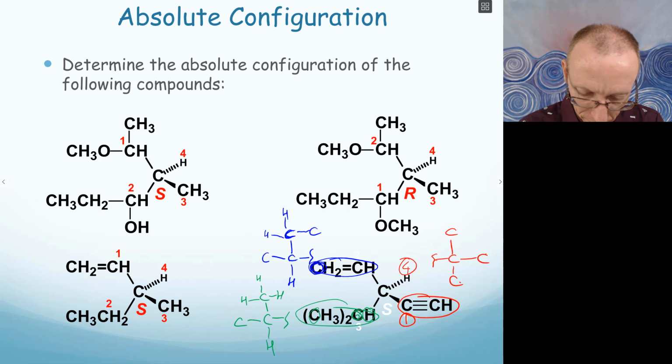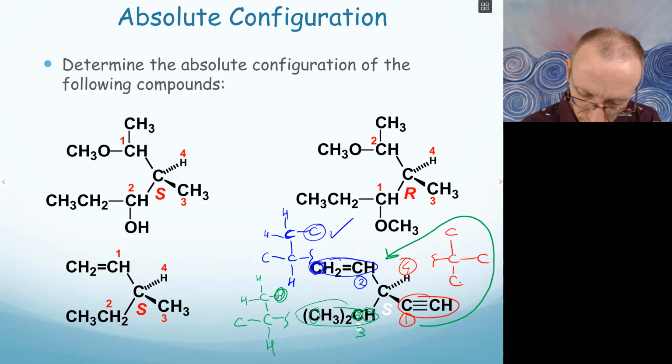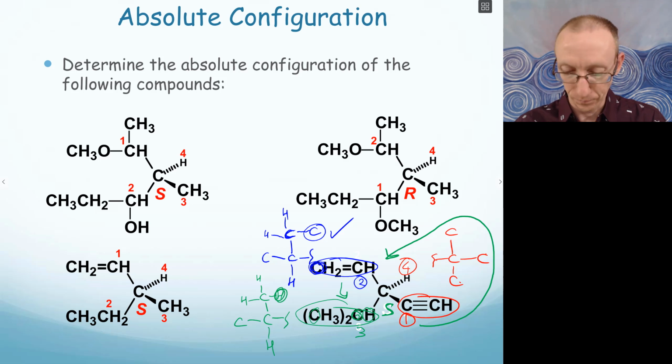So here we've got a point of difference. We've got a hydrogen here that corresponds to a carbon here. So this is the higher priority group. And so this must be 2, and this one must be 3. So we've got from 1 around to 2 to 3 is going in anti-clockwise direction. So this must be the S compound.